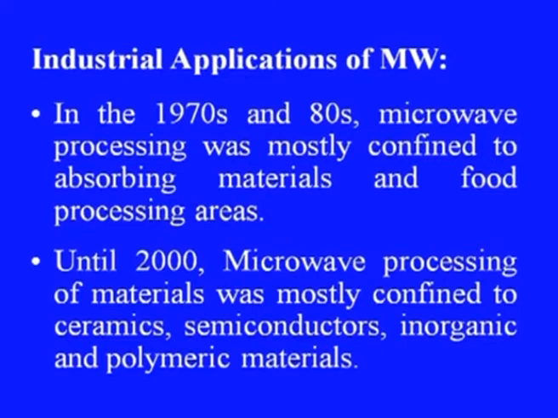Until the year 2000, microwave processing of materials was mostly confined to ceramics, semiconductors, inorganic and polymeric materials. Now, there are different other areas where microwaves are being very widely used.